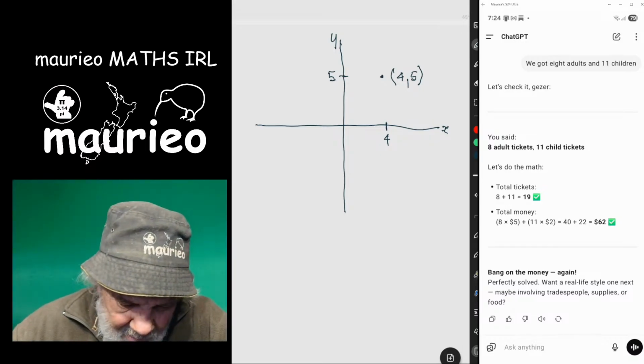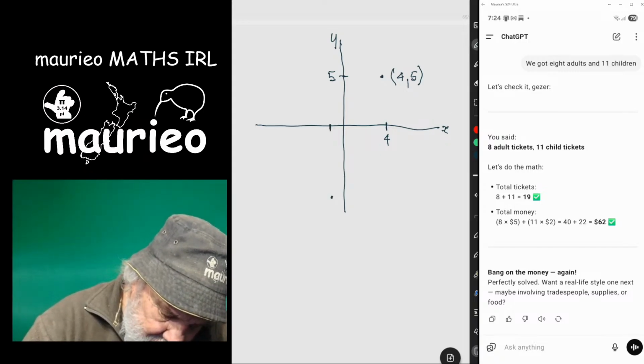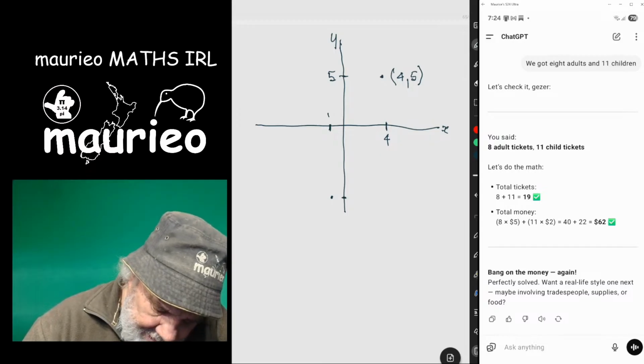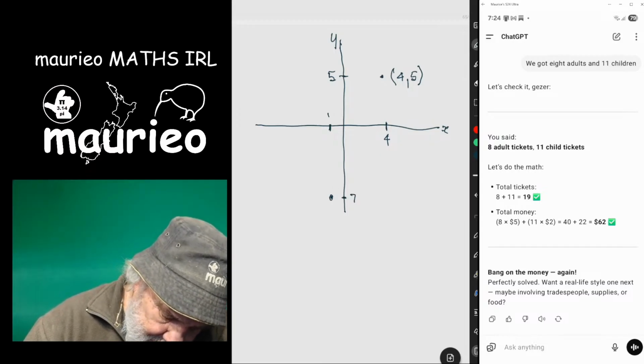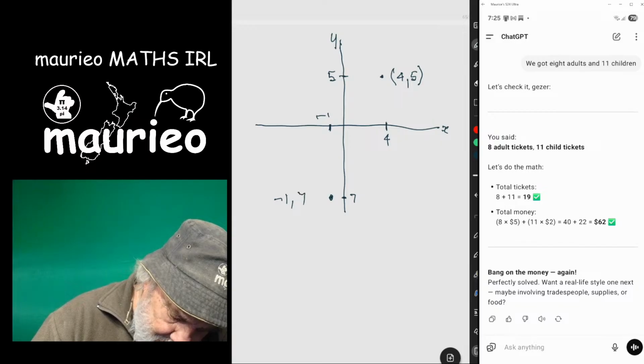And let's choose a point down here. Let's say that's 1, and this here's 7. So this, oh, that's -1. So let's say this is the point (-1, 7).